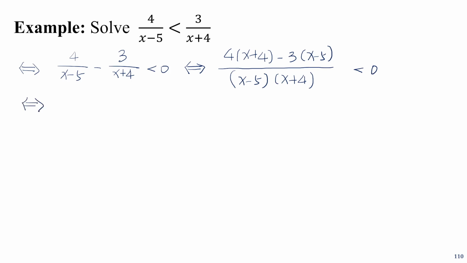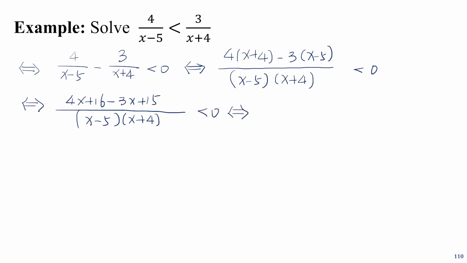And this is equivalent to, we have basically 4x plus 16 minus 3x plus 15 over x minus 5 times x plus 4 must be less than 0, right? And simplify that to x plus 31 over x minus 5 times x plus 4 must be less than 0.